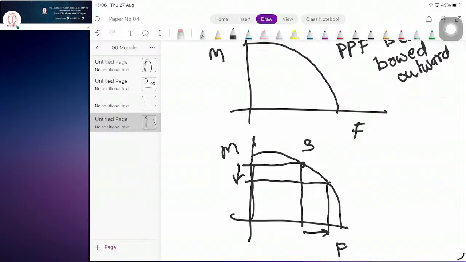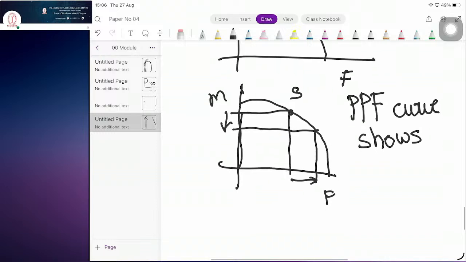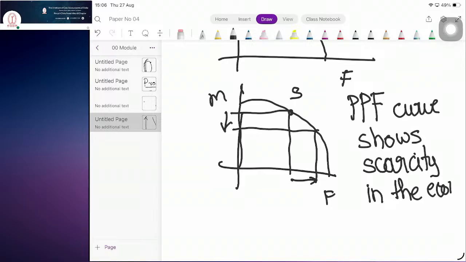The production possibility frontier curve shows scarcity in the economy. What is the meaning of the word scarcity? It is shortage, inadequate resources.